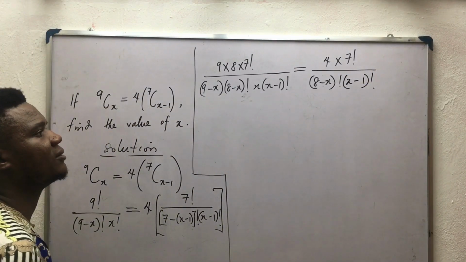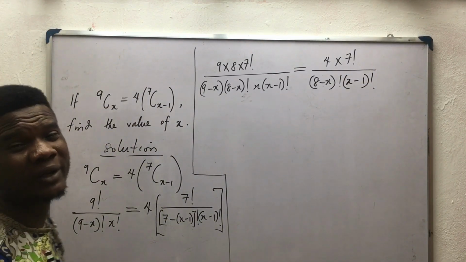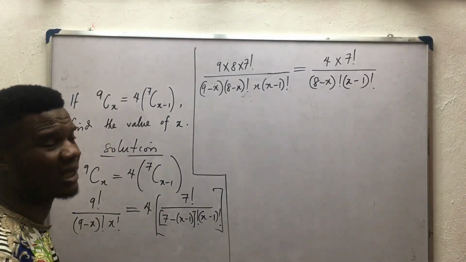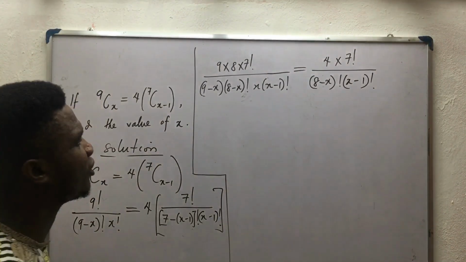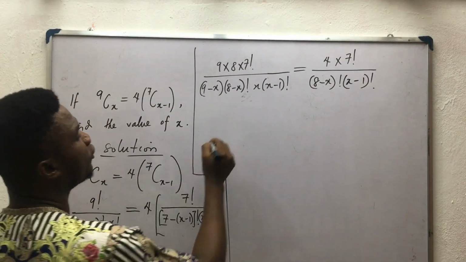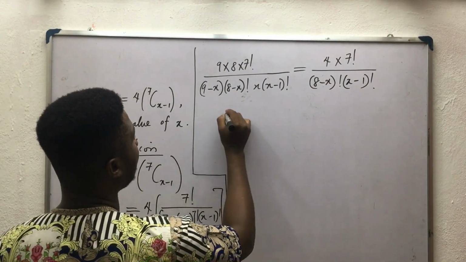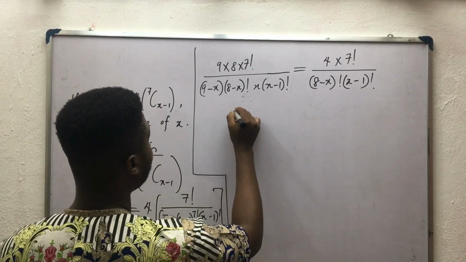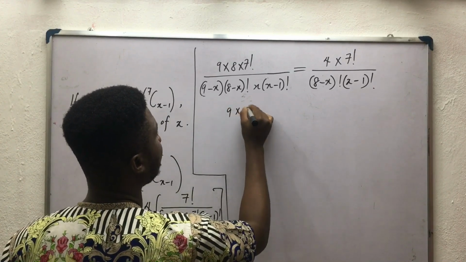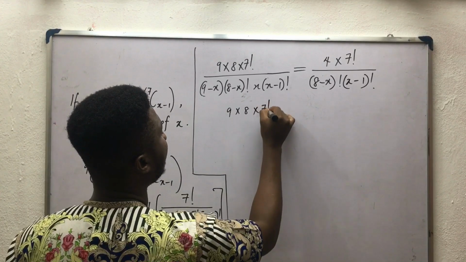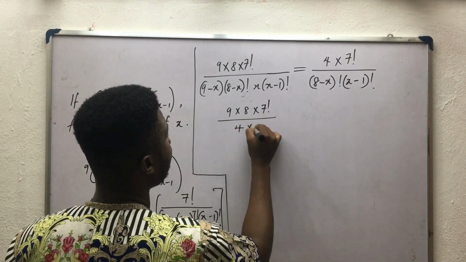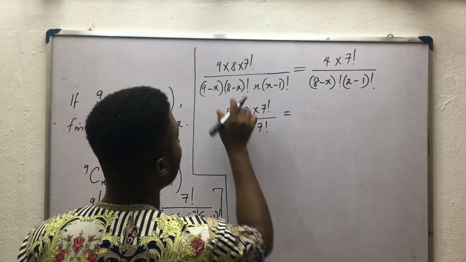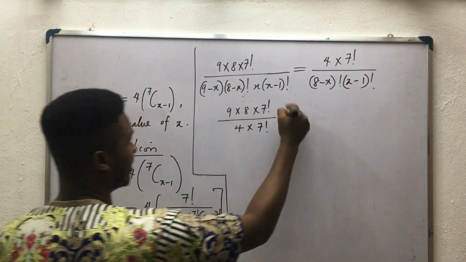Now if you don't want to cross multiply, you can just do a straightforward cancellation, but I would advise, for clarity's sake, just cross multiply. When you cross multiply, you're going to end up having 9 times 8 times 7 factorial all over 4 times 7 factorial, and I'm going to take everything in the denominator to this other side.